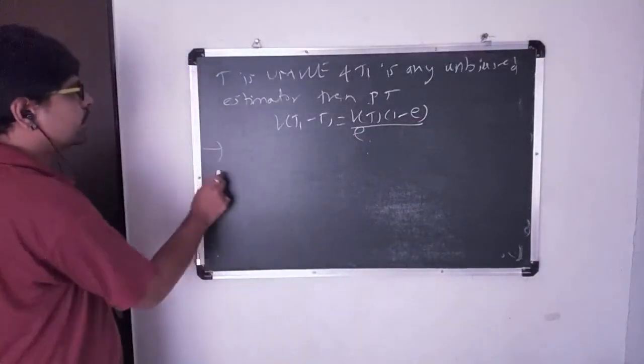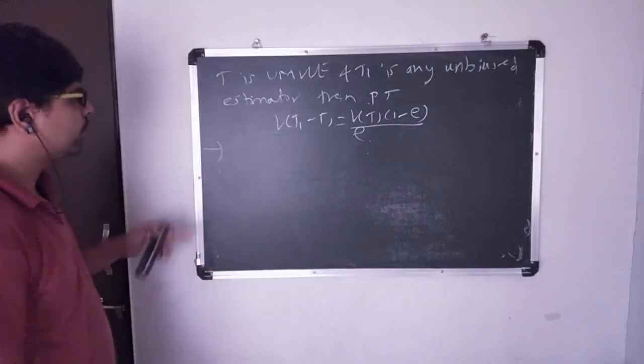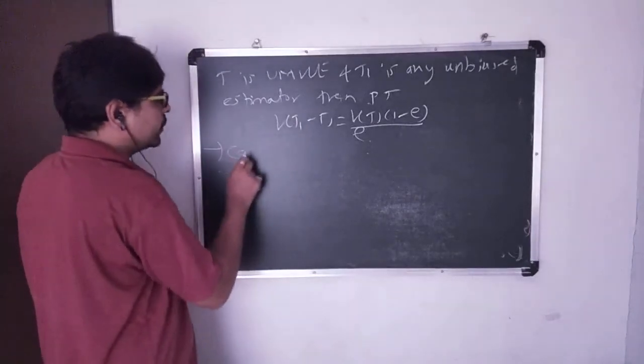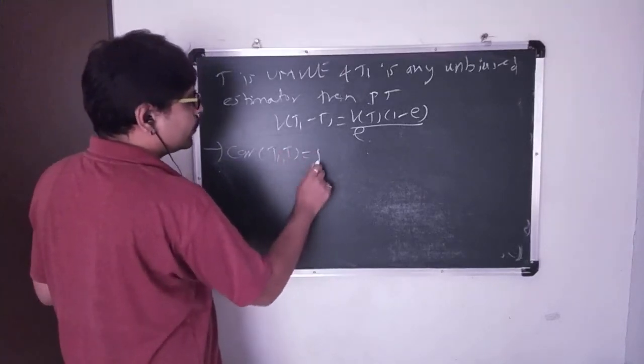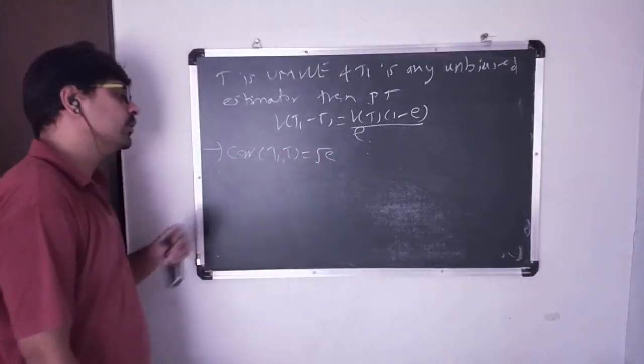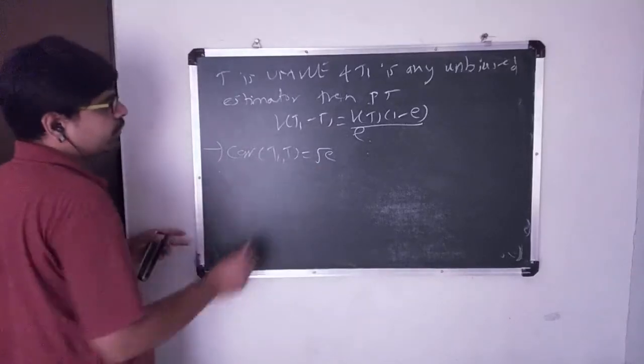To prove this, we use the result we had earlier: correlation between T1 and T is root e. We have this result.